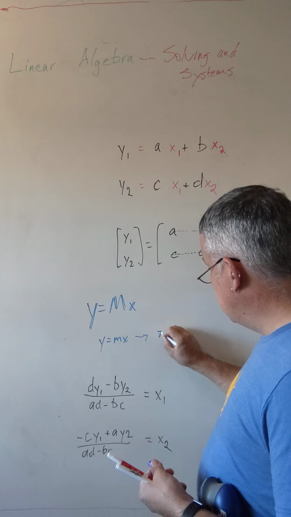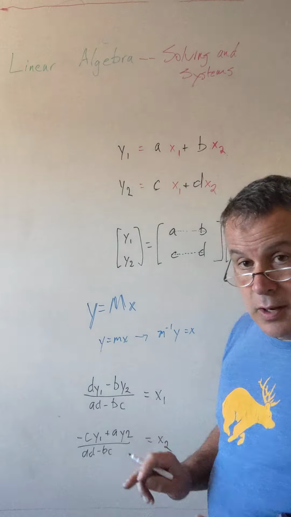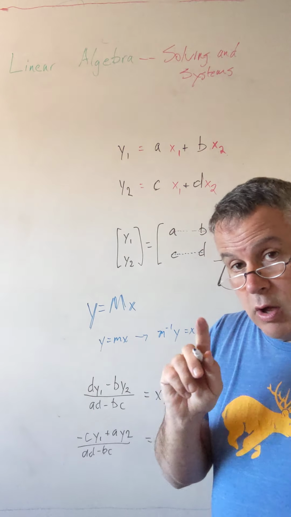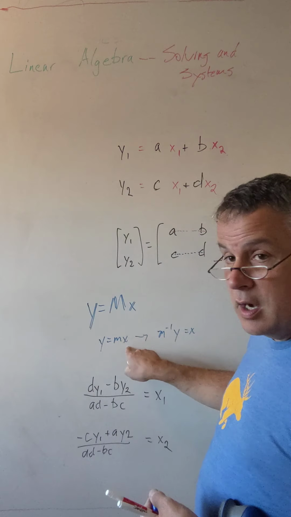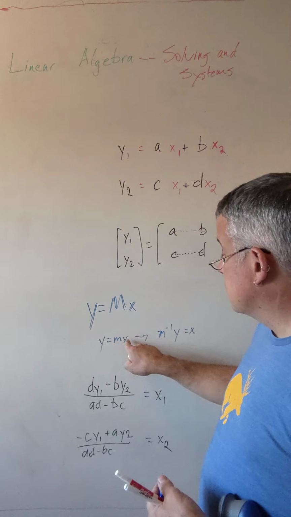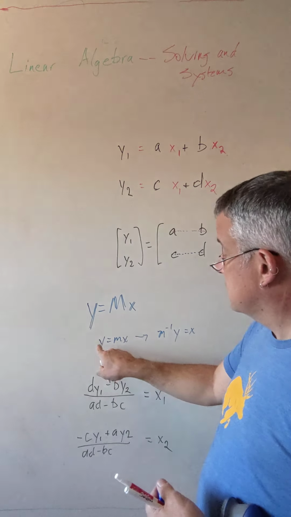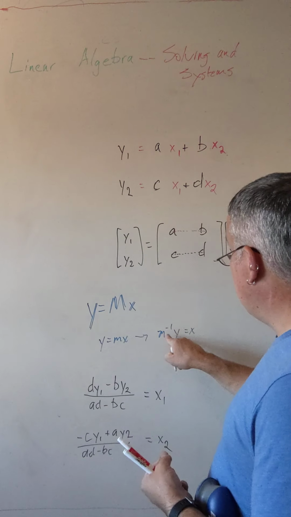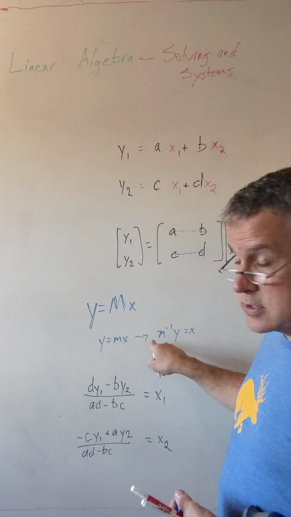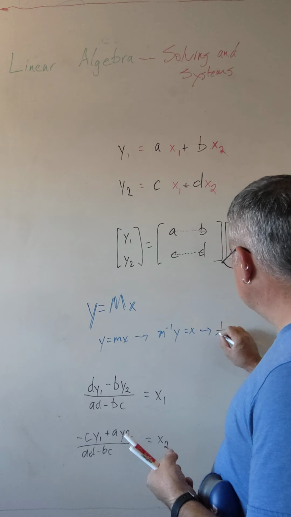Let's just write m inverse times y equals x. This is for a one-dimensional equation with just one unknown x, one unknown y. So this is a 1 by 1 matrix. This is a 1 by 1 matrix. This is a 1 by 1 matrix. And then we can associate the inverse of this m with just 1 over m.